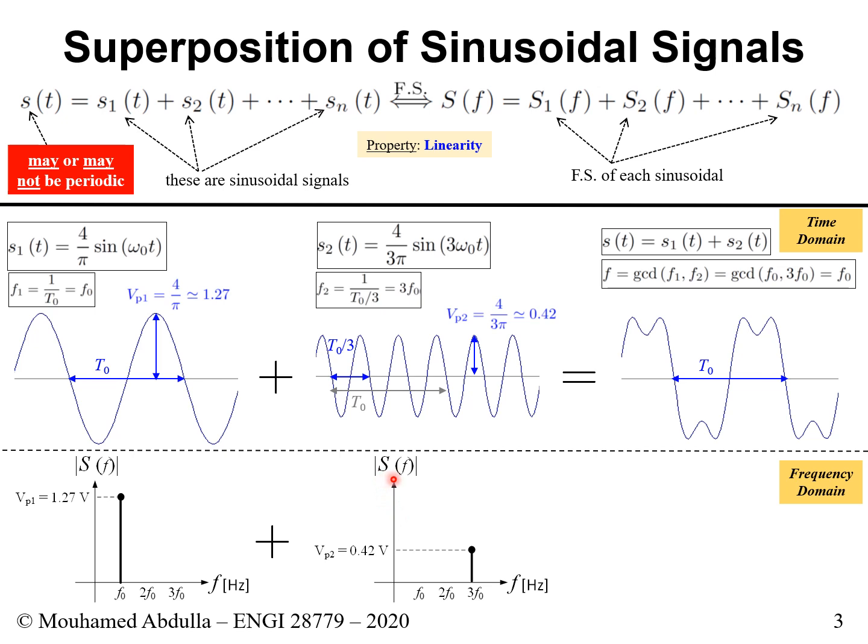By the way, I forgot to put the subscripts here. It should be S sub 3f, and this should be S sub 1f. I apologize. The value, if we consider voltages, not dBm, is simply 4 over 3 pi, which is 0.42 volts.